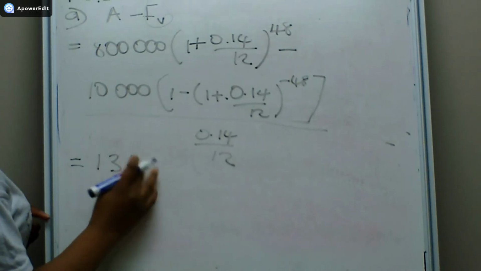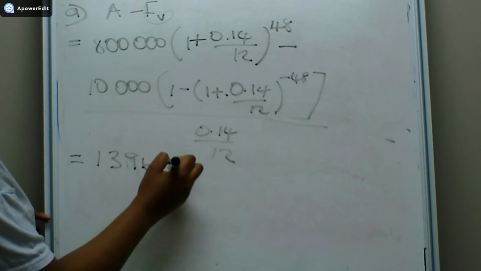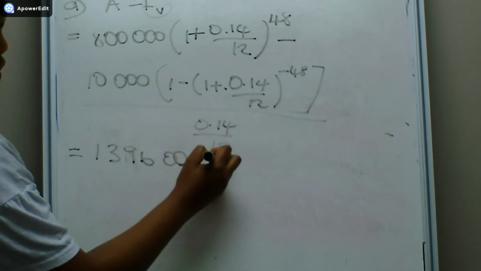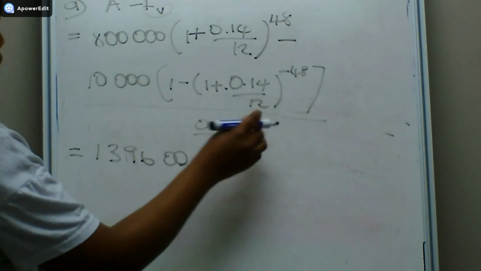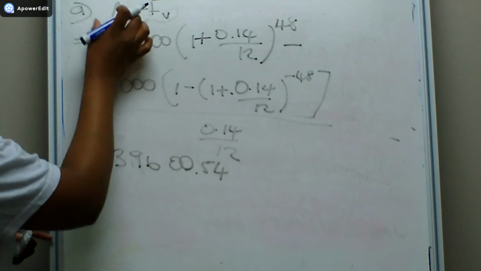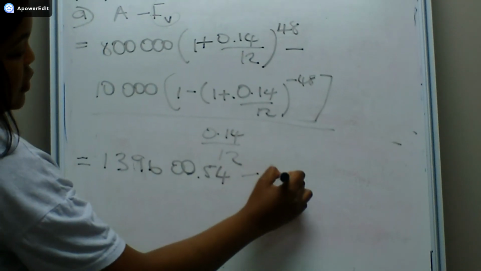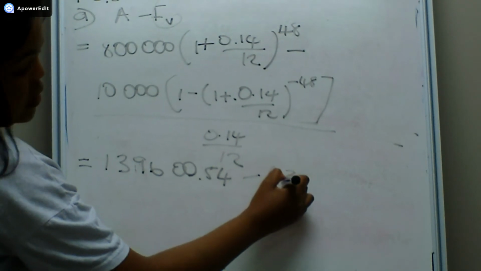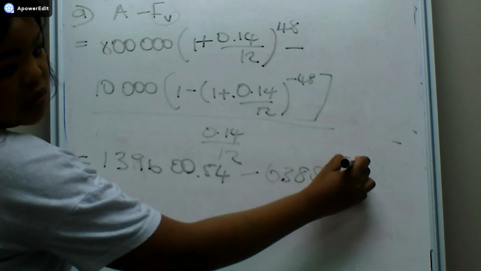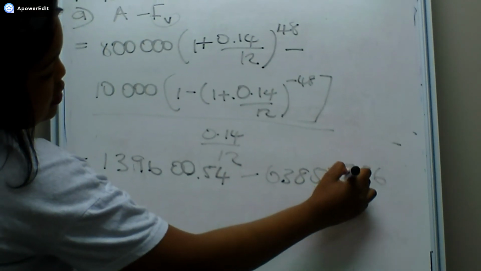So it's 1 plus 0.14 over 12 to the power of 48, which is basically the n multiplied by 4. And again, I did the same thing, but now in the future value formula. It's 10,000, open bracket 1 minus 1 plus 0.14 over 12 to the power of minus 48. Be mindful of the signs also. It's minus 48 for the future value formula, and you divide all of that.